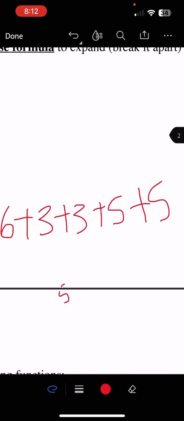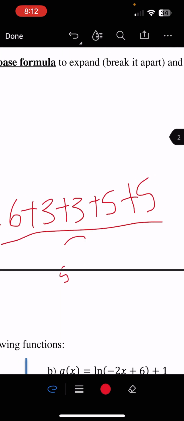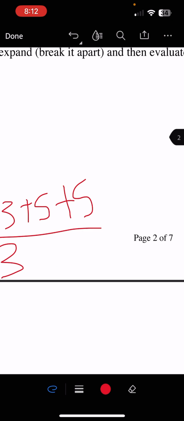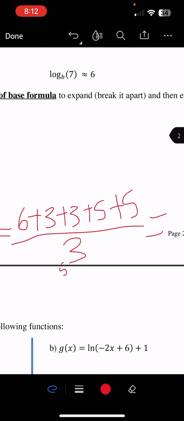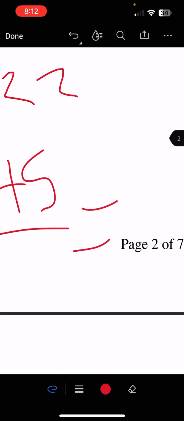It's going to be all over 3, equals, let's see, 6 plus 3 is 9. 9 plus 3 is 12. 12 plus 5 is 17. 17 plus 5 is 22. So our answer here is going to be 22 over 3.